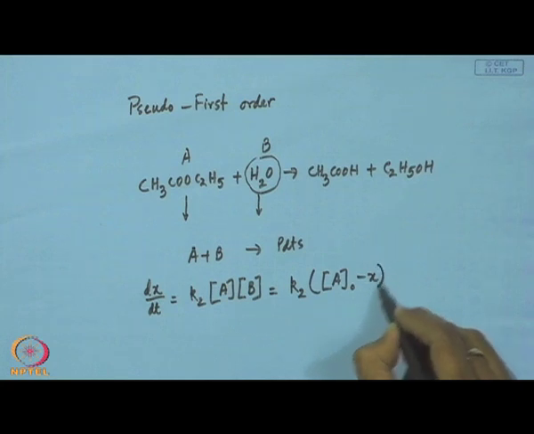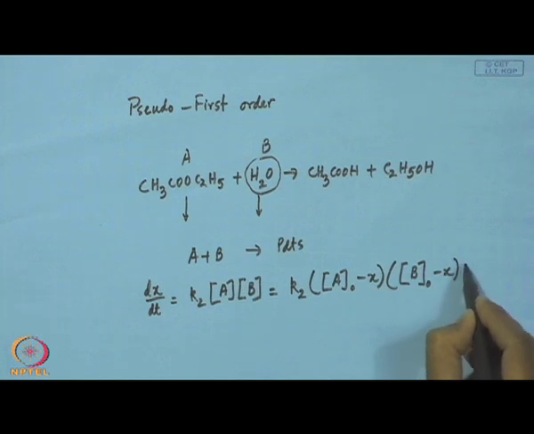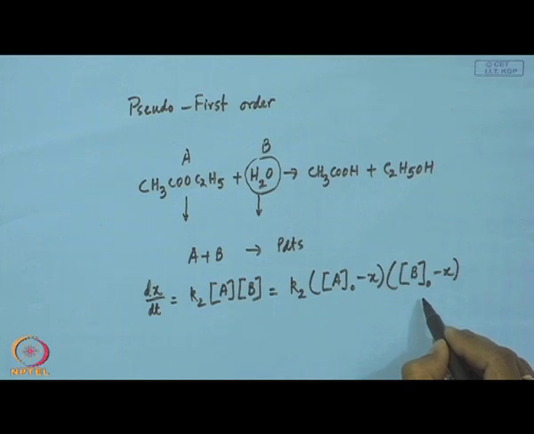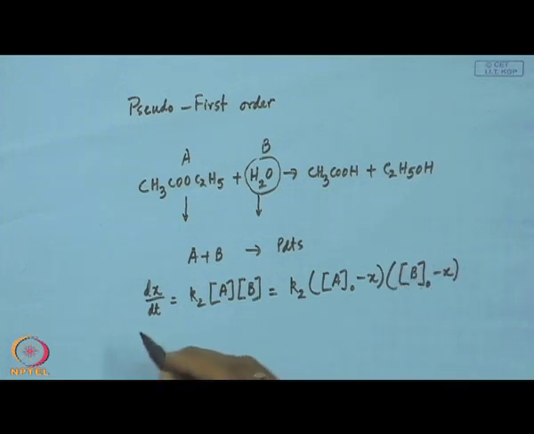Now if B is held constant, or kept at some high value, then for all practical purposes we can think that this second bracketed quantity is constant.